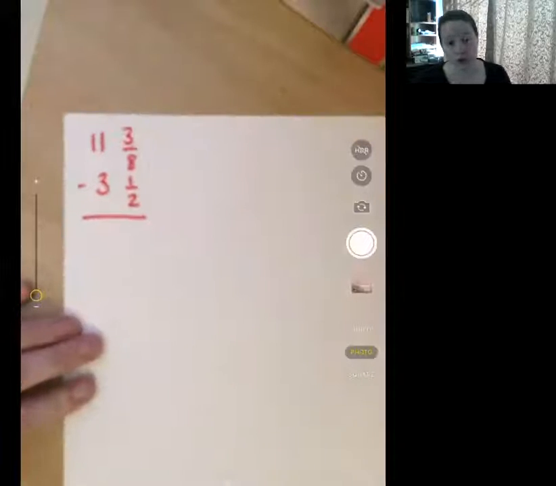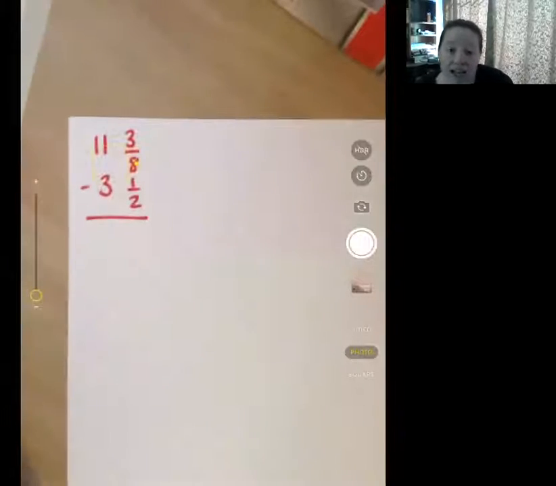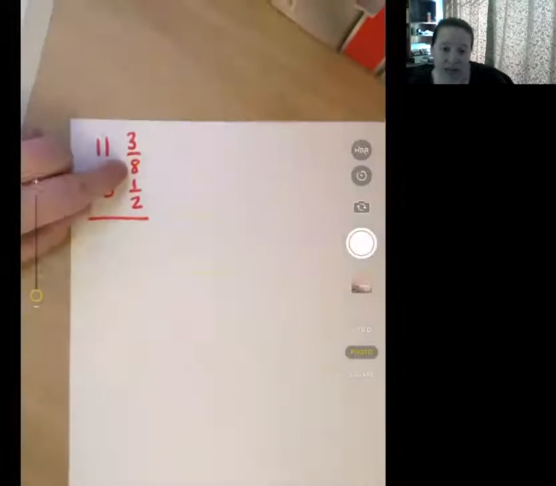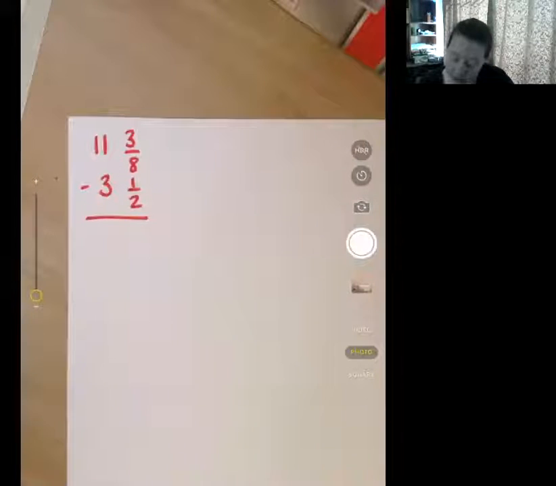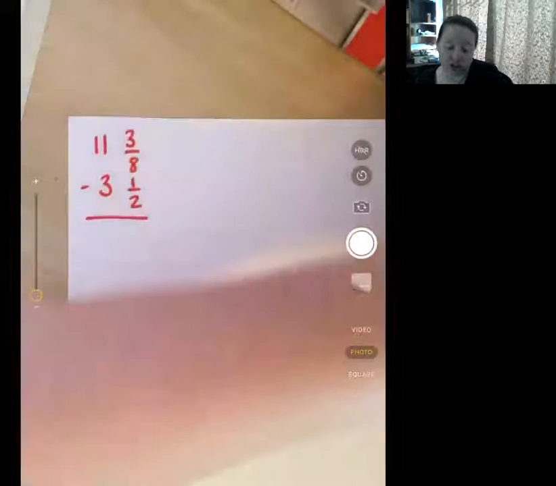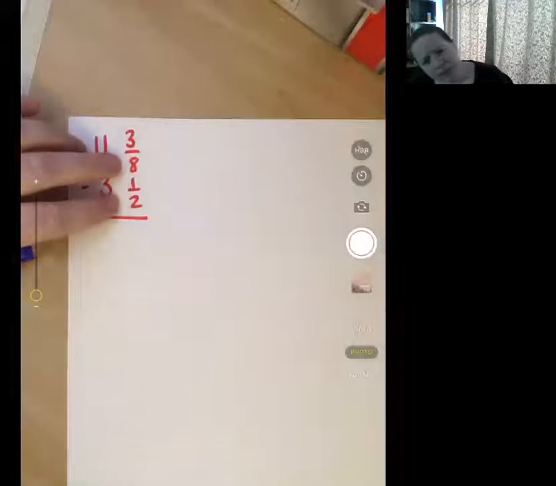Our rule for subtracting with fractions is they have to have the same denominator. These numbers do not have the same denominator right now. Here the denominator is an 8, here the denominator is a 2. I need to change that.